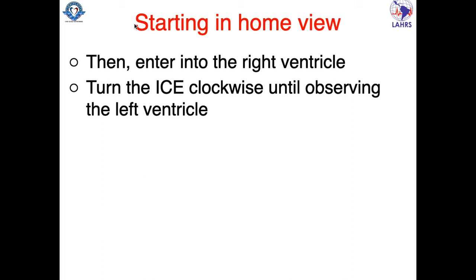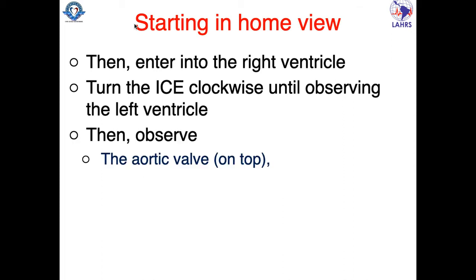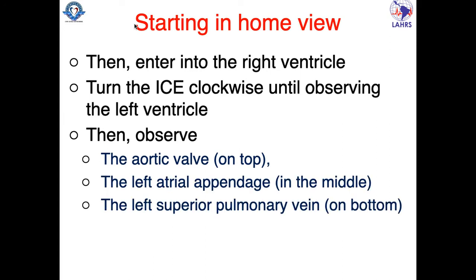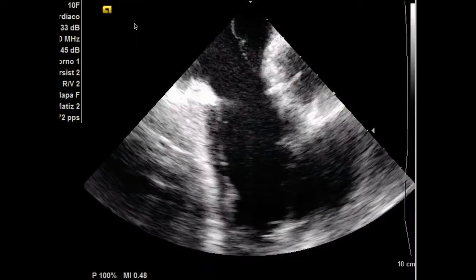Then we turn the catheter clockwise until we observe the left ventricle, then the aortic valve. The aortic valve will be on top, the left atrial appendage in the middle, and on the bottom, the left superior pulmonary vein.